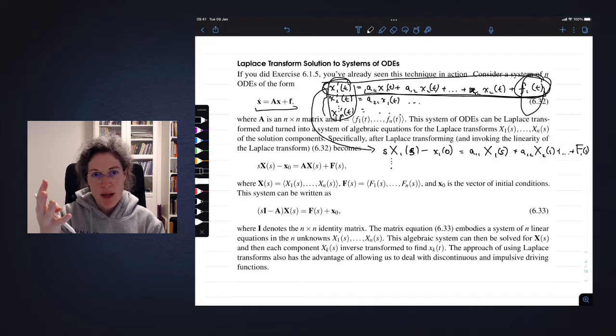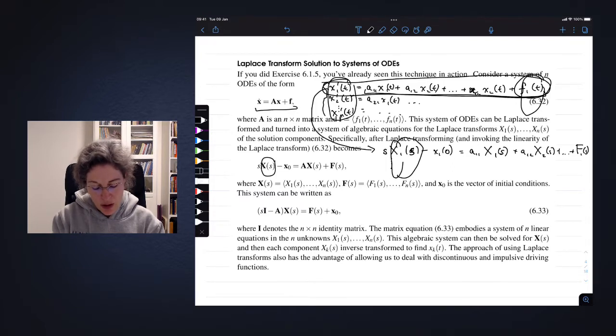And by playing the same trick of turning, for example, all the big x's into a single column vector, all these constants here into a column vector, we can write our Laplace transformed version of our matrix equation as this matrix equation here.